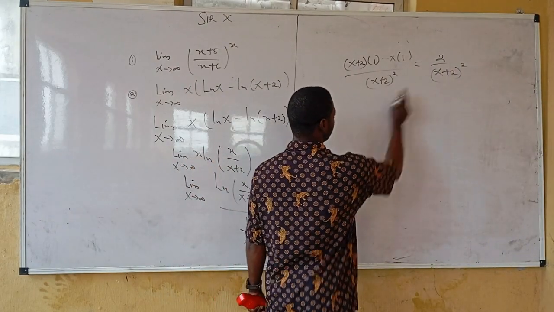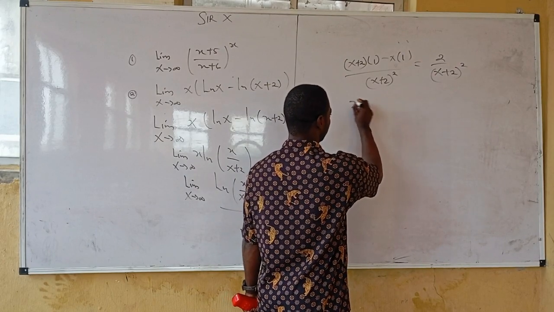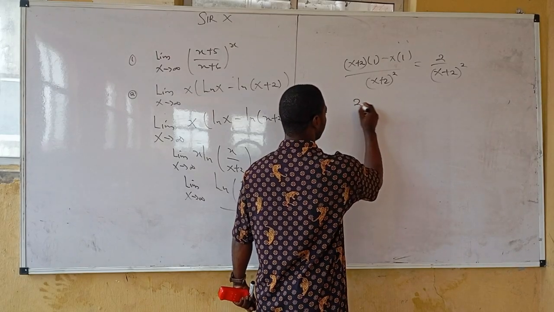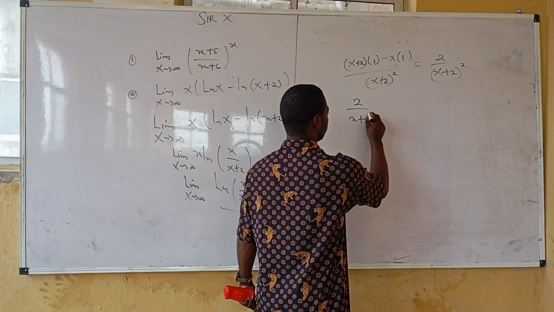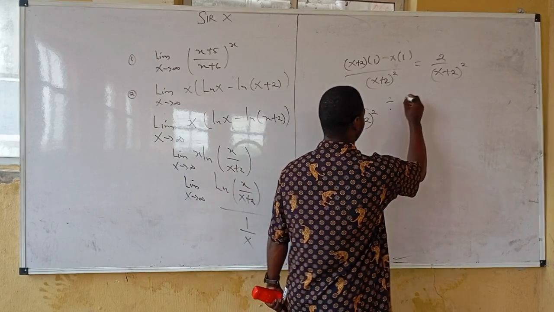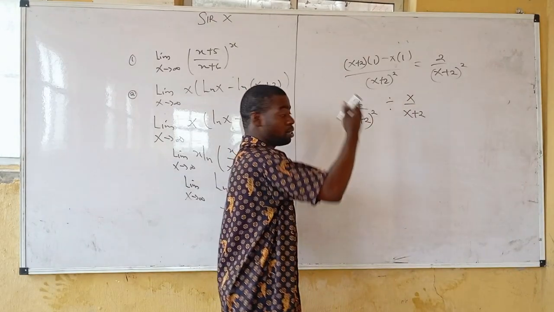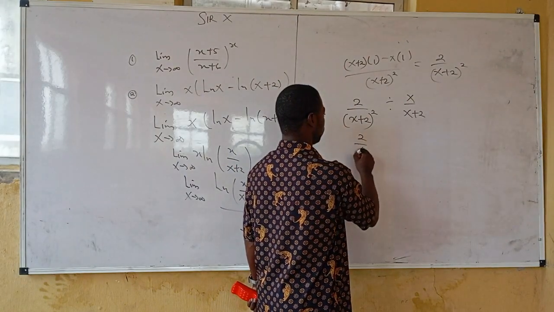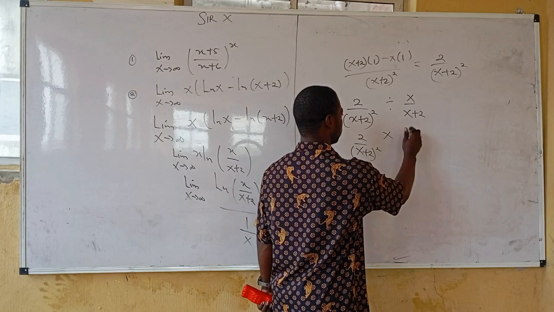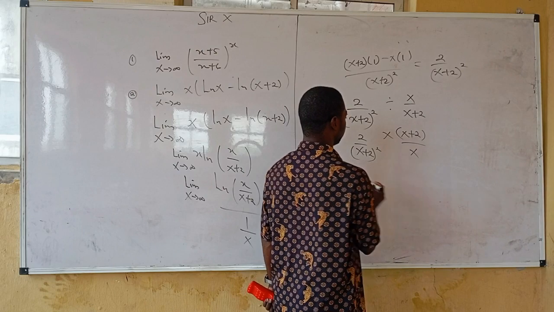So that's the derivative of x over x plus 2. But then we have to divide that by the original function itself. So this will be 2 over x plus 2 squared, divided by x over x plus 2, which becomes 2 over x plus 2 squared times x plus 2 over x.